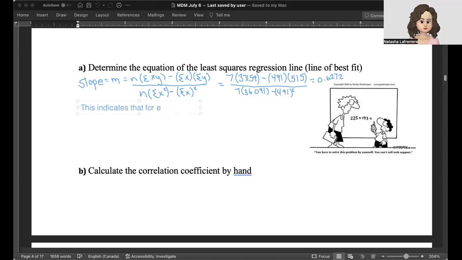It indicates that for every 1% increase in the average, the model predicts a 0.6272% increase in overall grade 12 average.